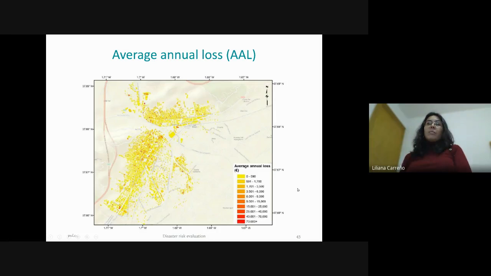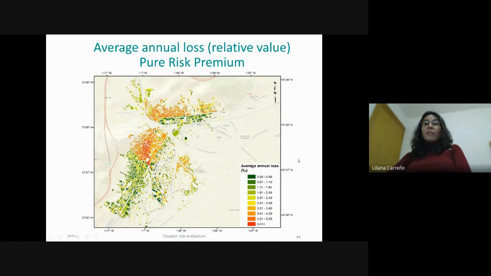This is an example of the results. This is the case of Lorca, in the case of earthquakes. And you have here represented the average annual loss, building by building, for Lorca. Here you have the same result, but now as a relative value, relative to the replacement value defined at the beginning.